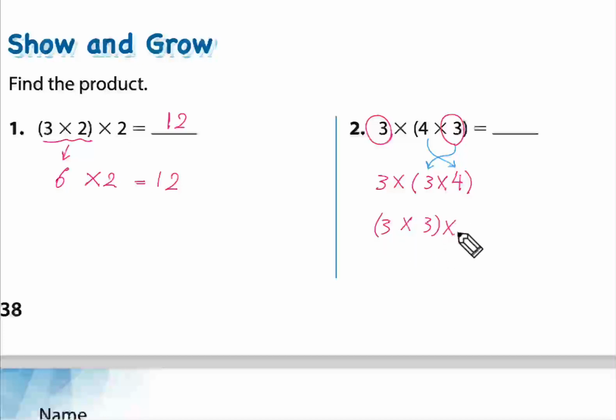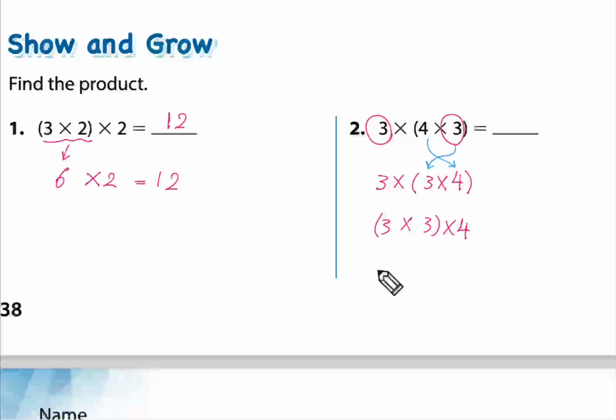What do we call this property when we change the grouping? Associative. So it's called associative property. So this is associative property.